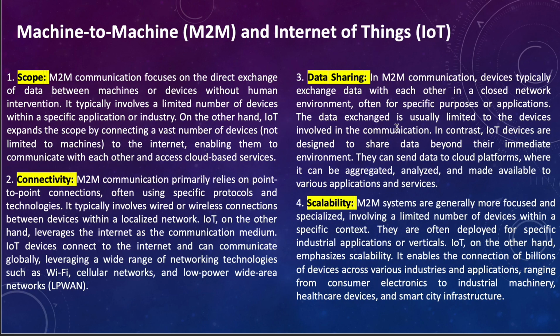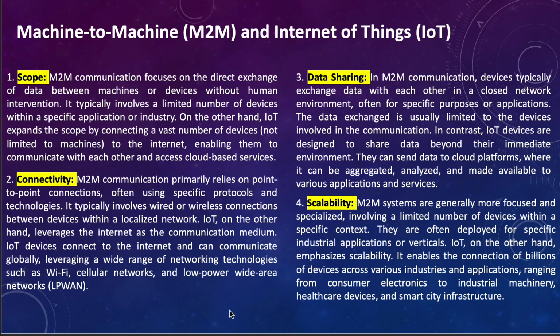Now you can see what is the main difference between M2M and IoT. In the world of IoT, when you look at the scope, the connectivity, and data sharing, the clear advantage today is to use IoT solutions rather than legacy M2M solutions. Scalability.